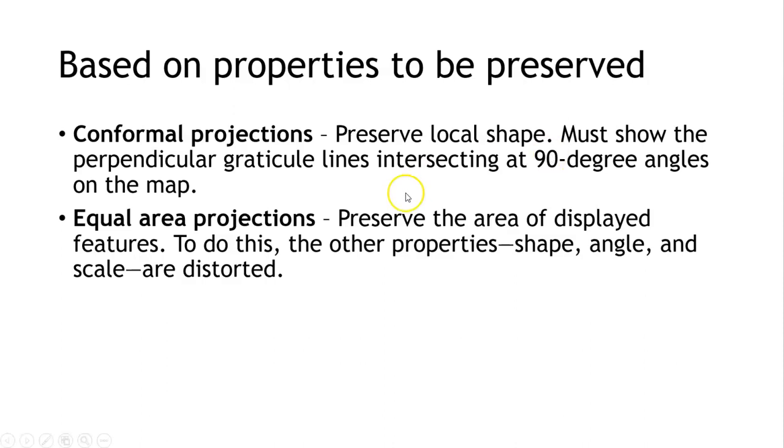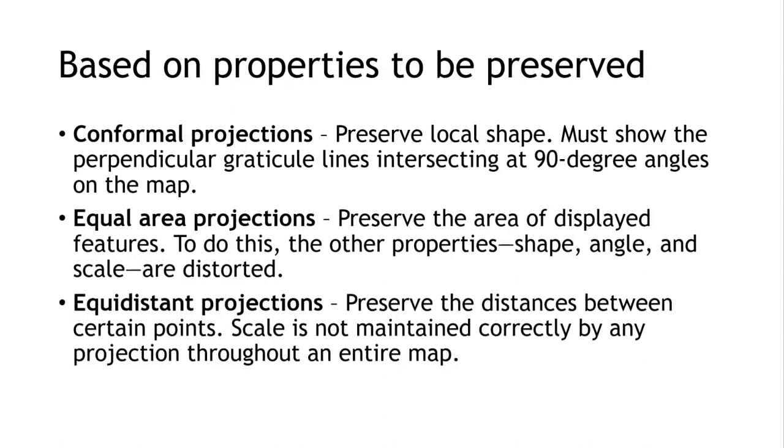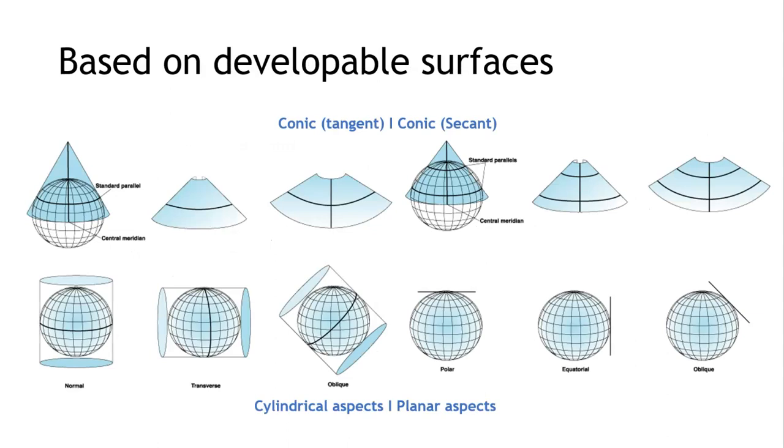The equal area projection preserves the area of displayed features. To do this, the other properties could be distorted. They could be shape, angle, and the scale. The third one is equidistant projection. The equidistant projection preserves the distances between certain points. The scale is not maintained correctly by any projection throughout an entire map.